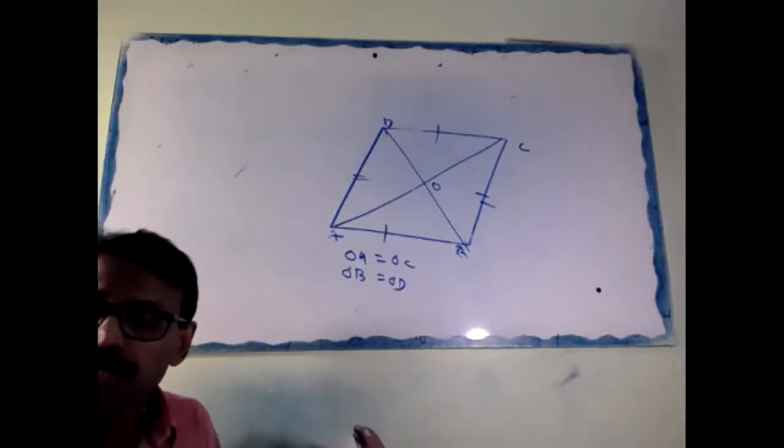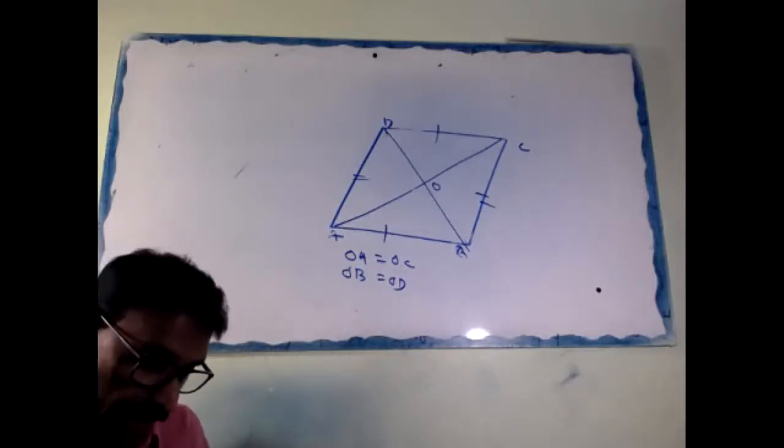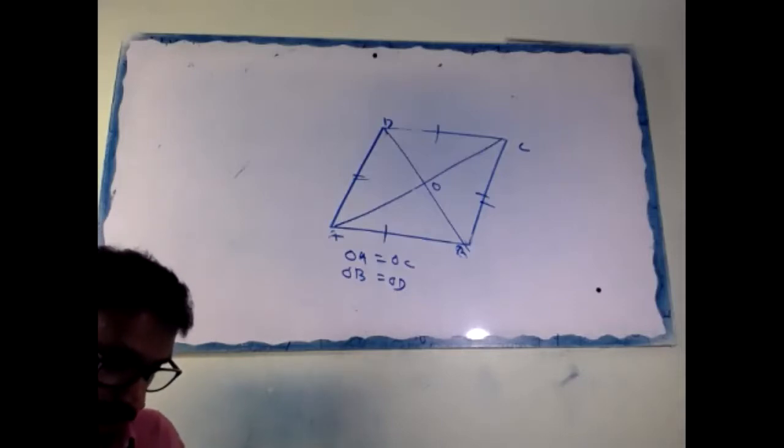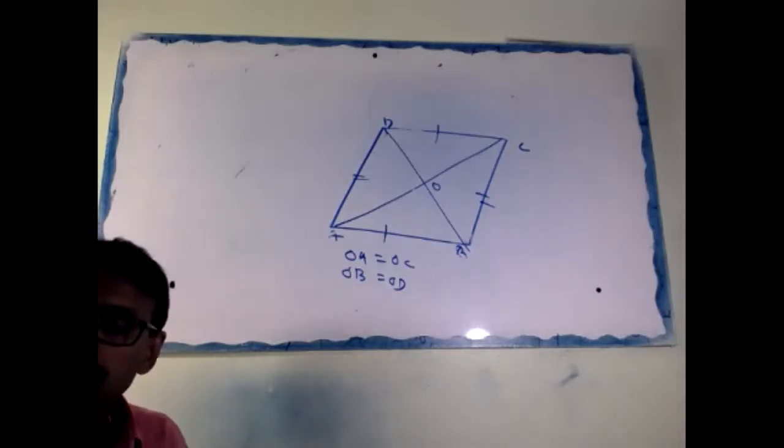Okay, one more thing. What is the angle sum property of a quadrilateral? How much? 360. Why? Two triangles.